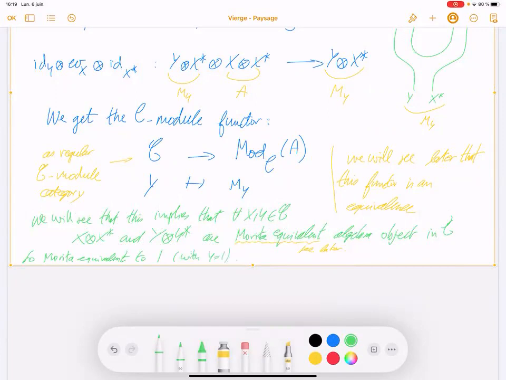So you take y equal 1, then y tensor y star is 1. So every such algebra object is Morita equivalent to 1, the trivial algebra object. So we will see that a bit later.